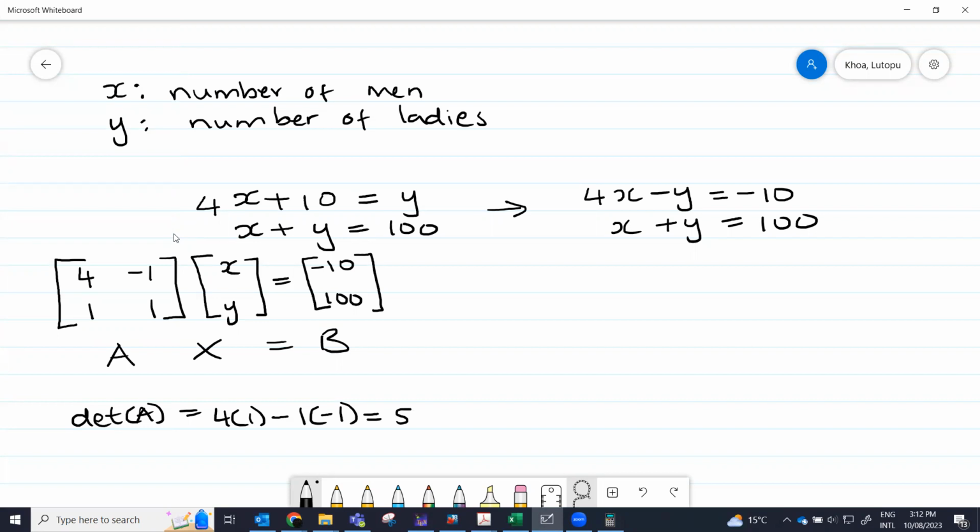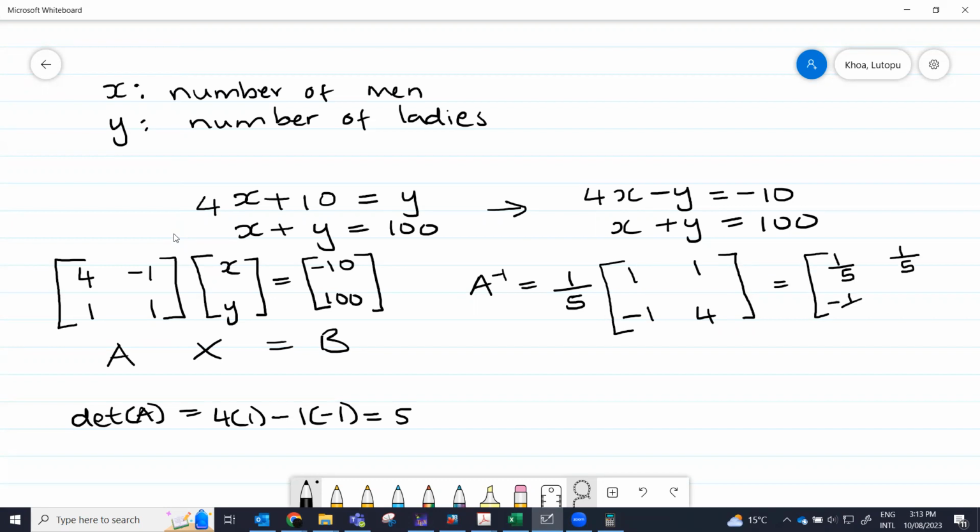Then now you find your A inverse. This is 1 over 5 multiplied by the matrix where you switch the positions of these two, and then these other two you multiply by negative 1. This gives us 1 over 5, 1 over 5, minus 1 over 5, and then 4 over 5.